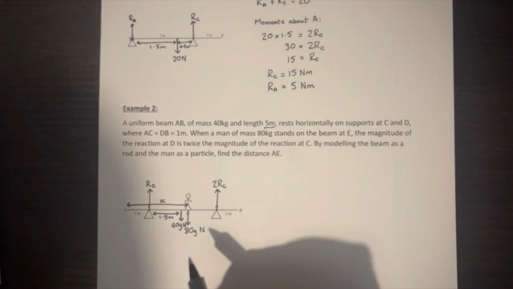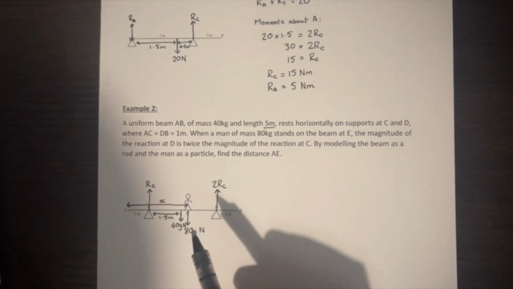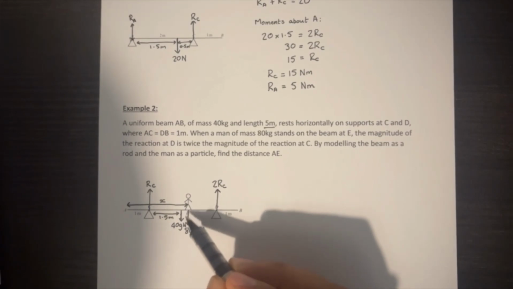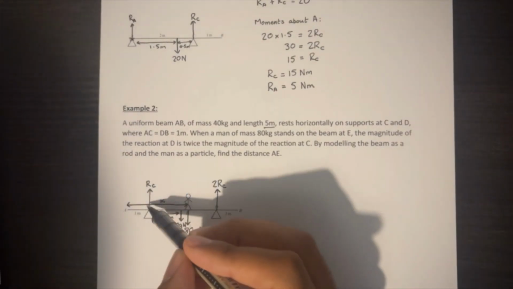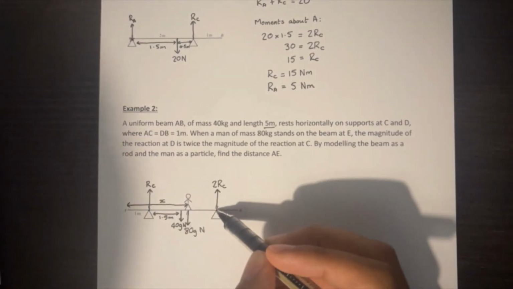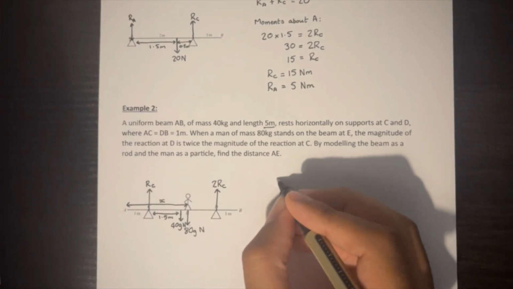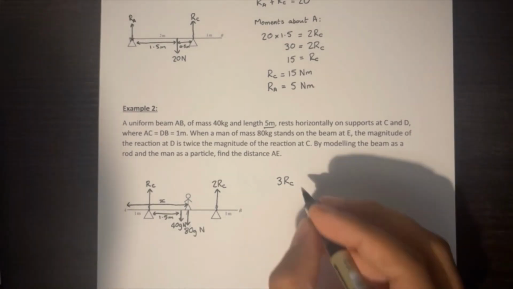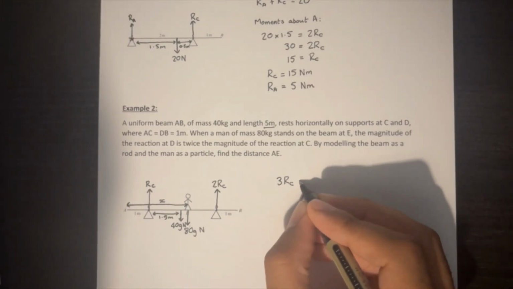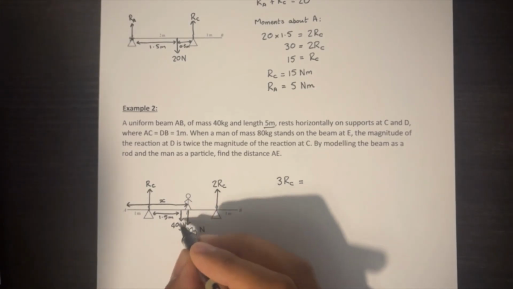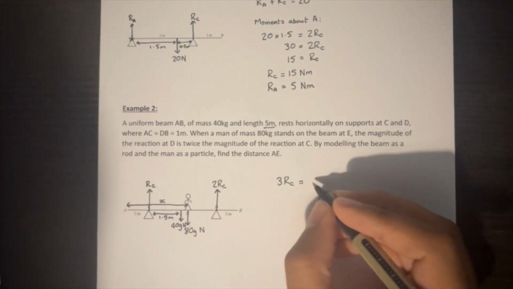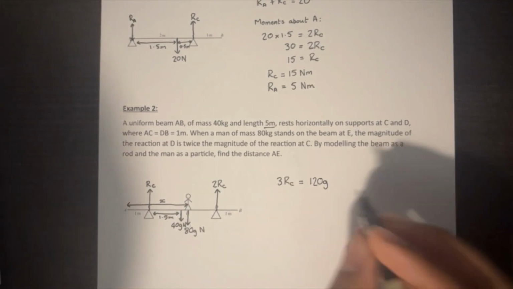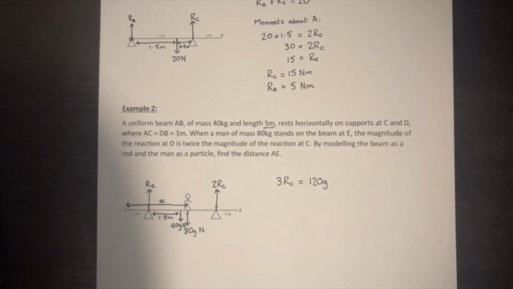Our first consideration for the forces being in equilibrium is that the forces going up will be equal to the total of the forces going down. Up, I've got reaction at C plus 2 lots of the reaction at C, so 3 lots of RC, and that is equal to 80g plus another 40g, which is 120g. I'll keep that written in terms of g for now, as the g's may cancel. I can turn that into 9.8 if I need to.